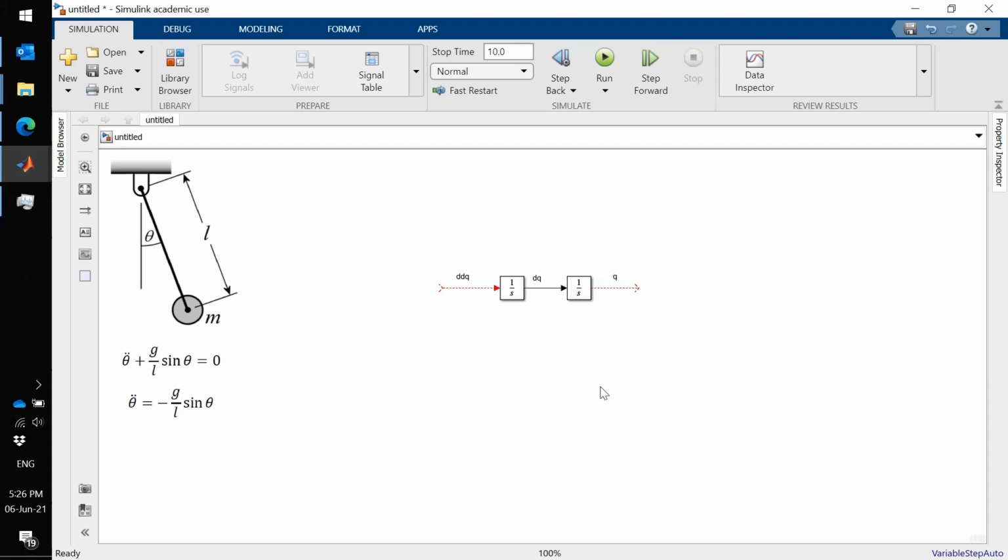Now the acceleration is equal to a negative constant g over L times sine theta, so it's a function of sine theta.